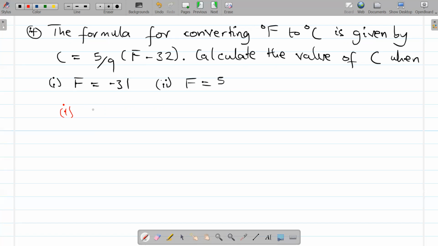So I did C equals 5 over 9 into brackets F minus 32. I changed them. I made the 5 like that sign between the 9 and 5.